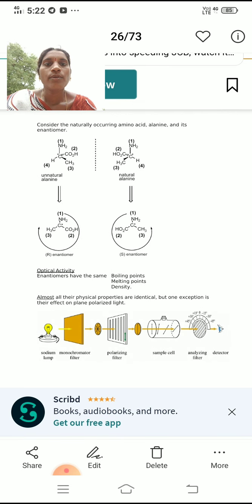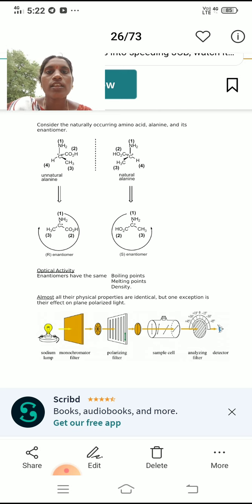Next, for example, the naturally occurring amino acid alanine and its enantiomer. In the structure of alanine, the chiral carbon contains four different groups: amine group, carboxylic acid group, methyl group, and hydrogen.